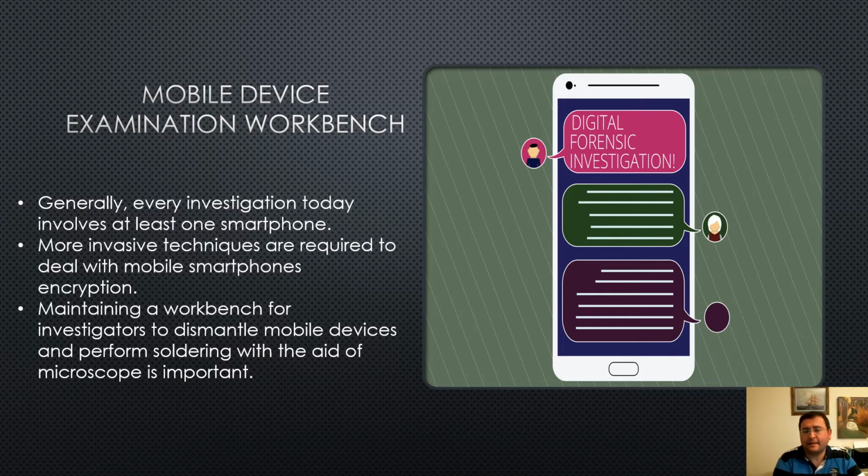More invasive techniques are required to deal with smartphones due to their encryption capabilities, and maintaining a workbench for investigators to dismantle mobile devices and perform soldering with the aid of a microscope is important. There are more advanced techniques to deal with the encryption, which you can find in your textbook.